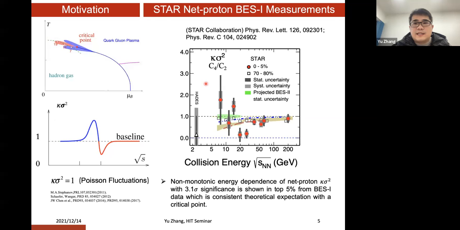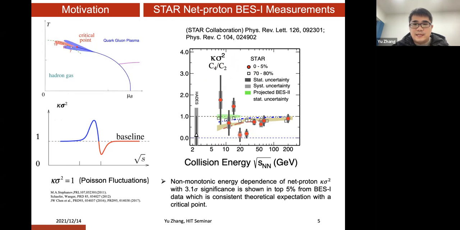On the right-hand side are the net-proton cumulant measurements from the STAR BES-I gold-gold collision data from 7.7 to 200 GeV. The most central 5% result for kappa sigma squared is displayed in the red markers. As you can see, there's a non-monotonic energy dependence with 3.1 sigma significance.